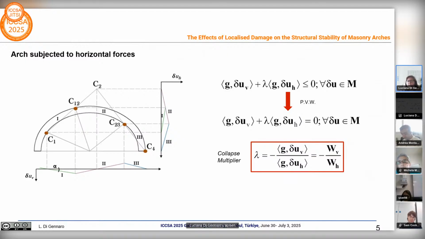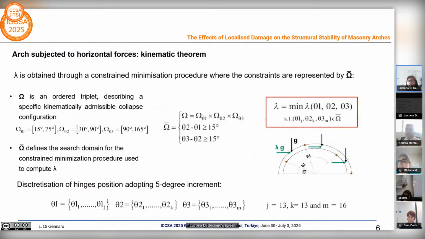So lambda can be expressed as the opposite of the ratio between vertical and horizontal work. Just to recall, the kinematic theorem states that the collapse multiplier corresponds to the minimum value among those associated with all possible failure mechanisms.